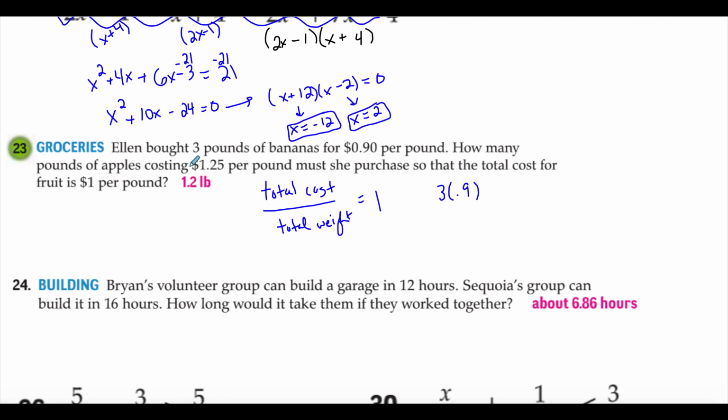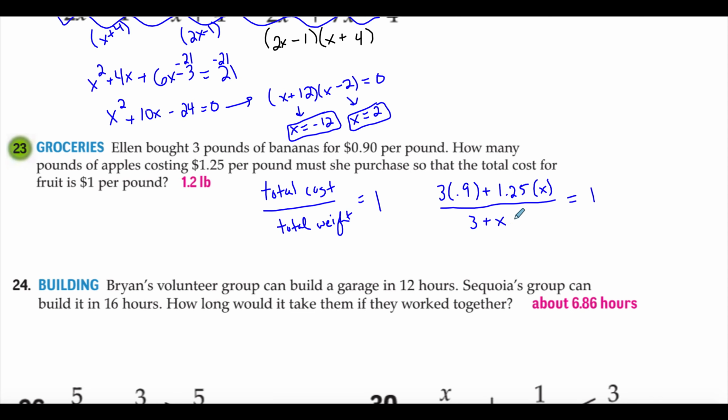Okay, how many pounds of apples costing $1.25 per pound? We don't know how many pounds of apples we're going to have, but we want to add those together because that's the total cost. So say 1.25 times x, which is the weight that we're going to find. And down here, we have 3 pounds of bananas plus x pounds of apples. I don't know what I need for apples, and that is equal to 1.